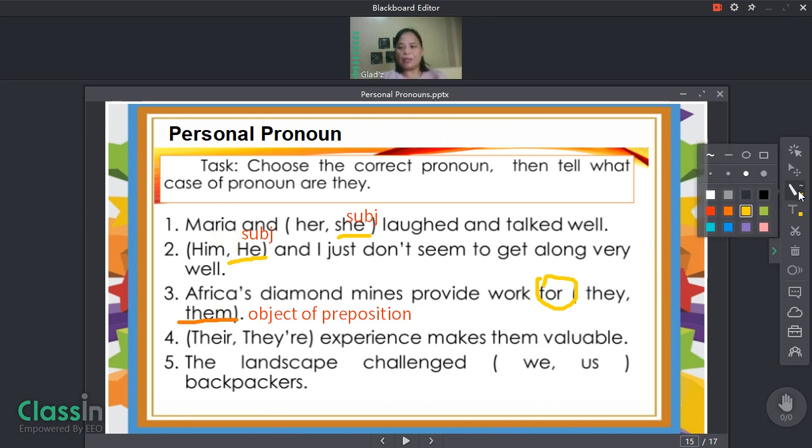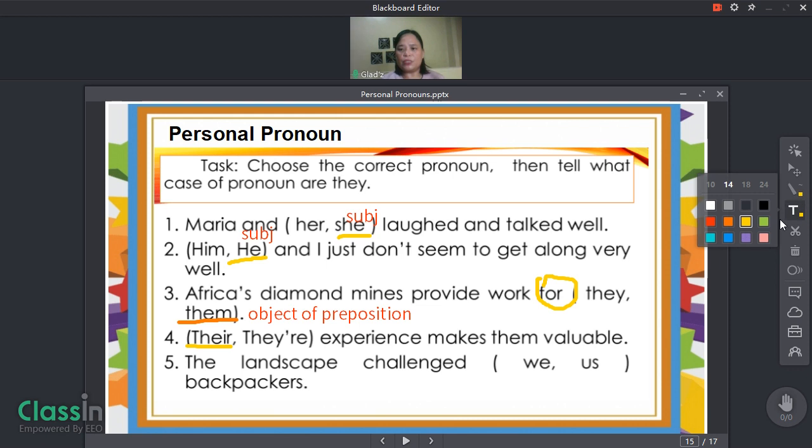Okay, how about number four? What is the correct answer? Is it there or their experience makes them valuable? Okay, so the correct answer is their. The pronoun their. And then what is the case of pronoun their, or how is it used in the sentence?